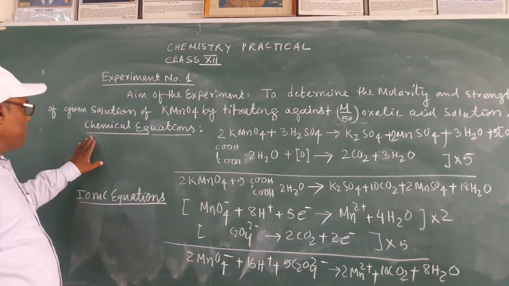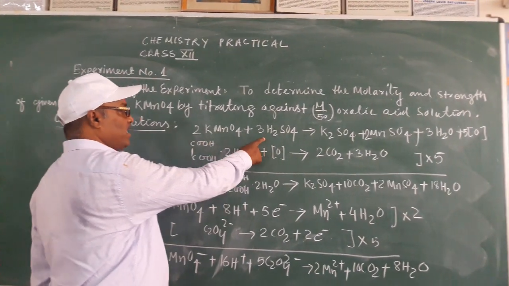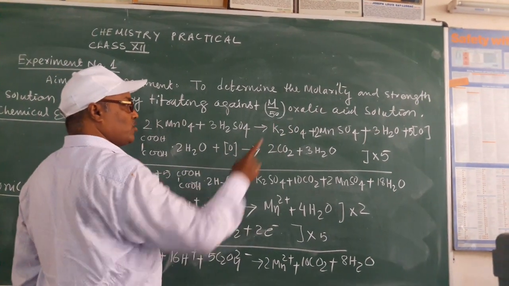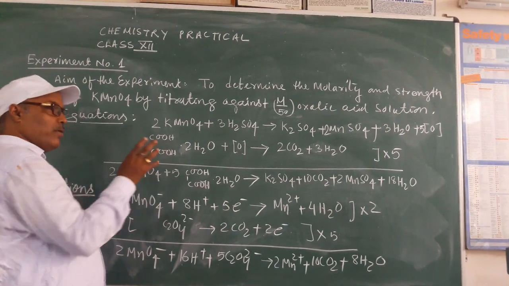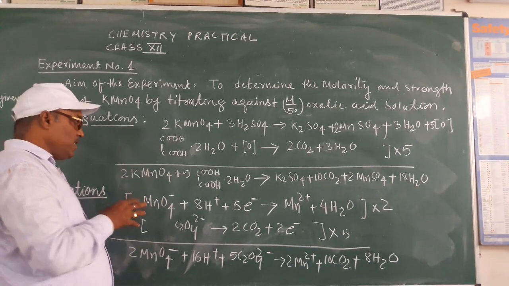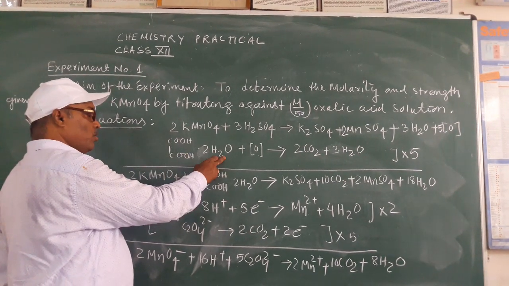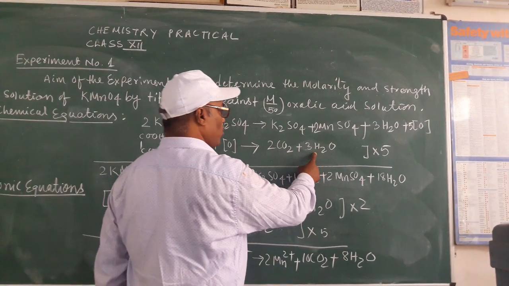Okay, the chemical equations involved are, you see, 2 KMnO4 plus 3H2SO4 gives K2SO4 plus 2 MnSO4 plus 3H2O plus 5 [O], natural oxygen. Then here we are using hydrated oxalic acid. Therefore, it is written that (COOH)2.2H2O plus [O] gives 2CO2 plus 3H2O.